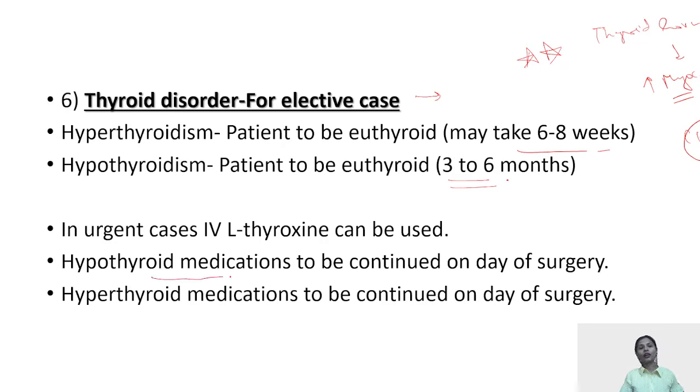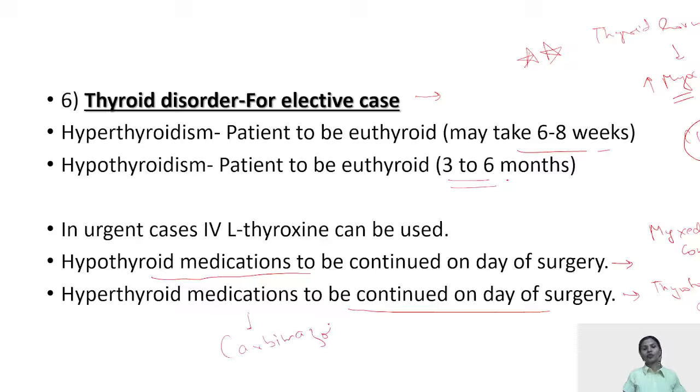All the hypothyroid medications have to be continued on the day of the surgery to avoid myxedema coma. Hyperthyroid medication also has to be continued on the day of the surgery to avoid thyrotoxic crisis, with the exception of carbimazole.